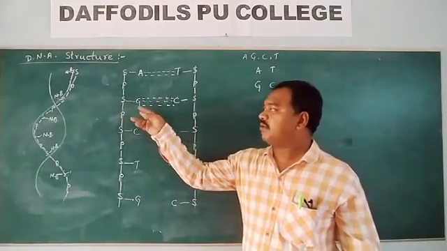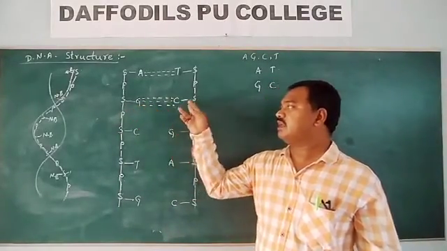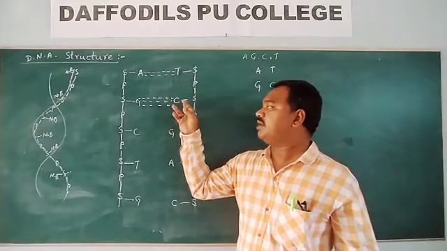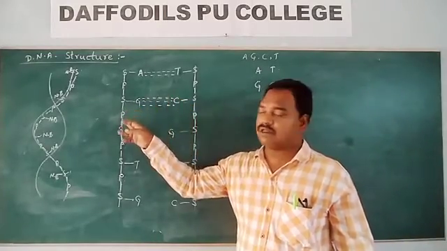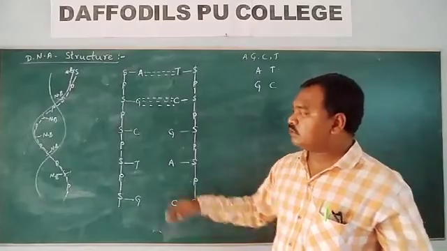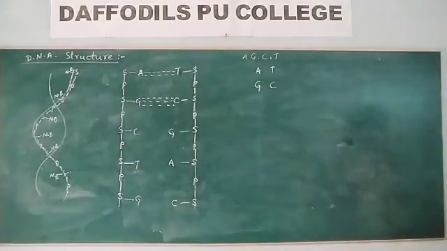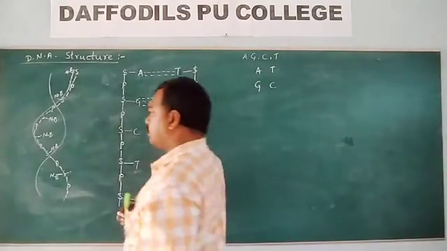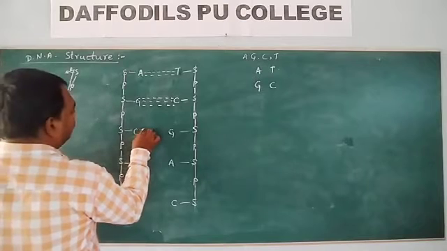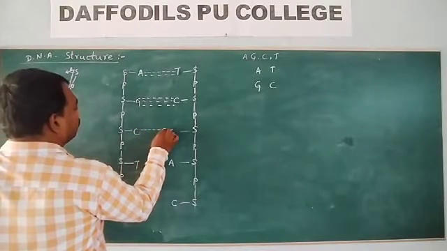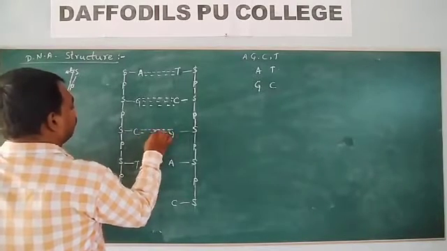So what is the complementary pair of guanine? It is cytosine. What is the complementary pair of cytosine? It is guanine. Next, sugar. So here also a cytosine group is there. This cytosine group is hydrogen bonded with guanine.